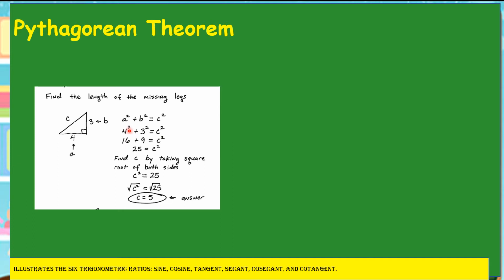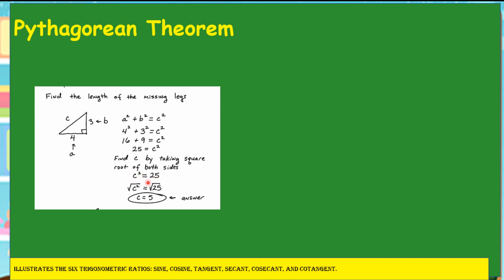So we have 4 squared, 16, plus 3 squared, 9, is equal to c squared. Then add 16 and 9, so we have 25. So 25 is equal to c squared. To find the value of c, we need to take the square root of both sides.